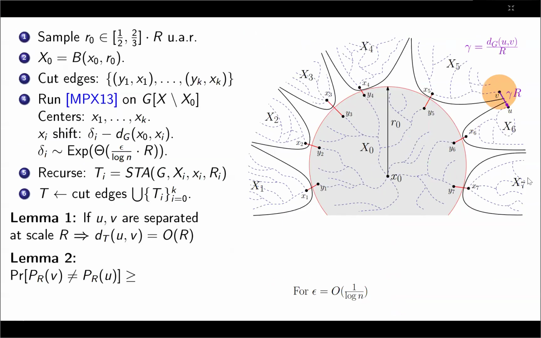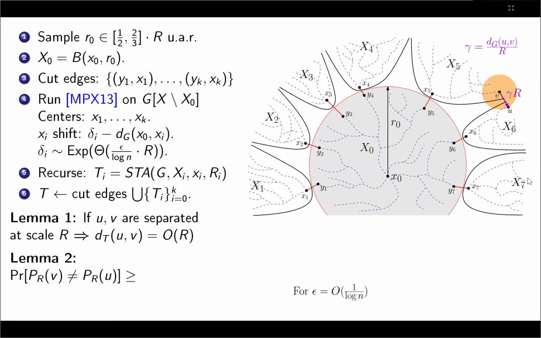And here's the second property. So we use the MPX. Right? So what is the probability that u and v are being separated? There's some probability that you're being separated by this ball. This is quite negligible and proportional to the distance between them, and we'll ignore that. But if this doesn't happen, we just run MPX, and MPX, we know, gives you a padded decomposition.